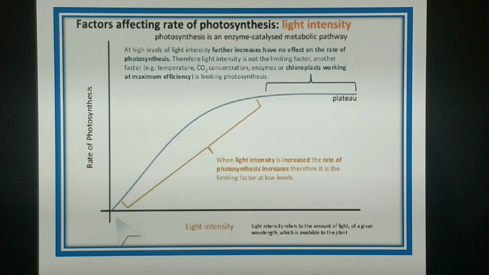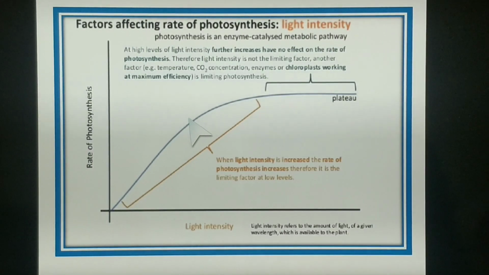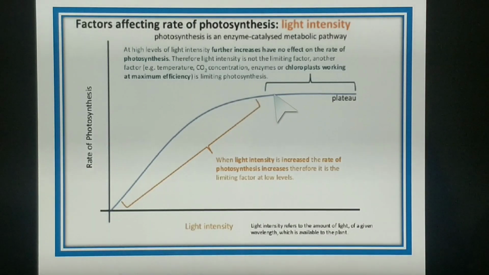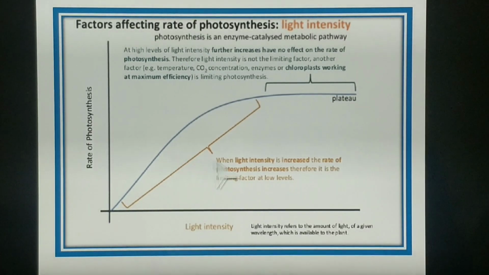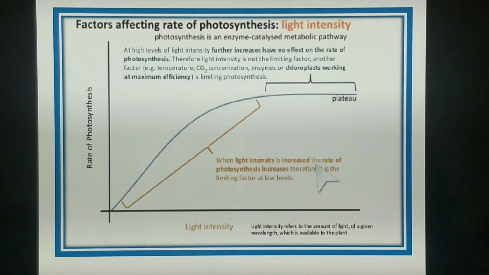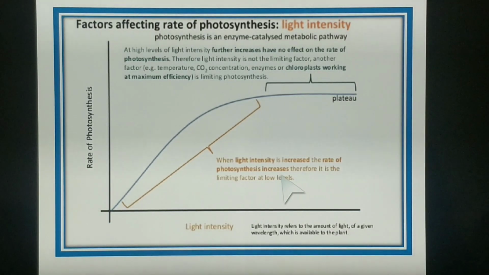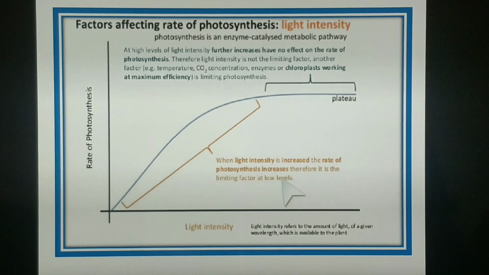Now you can see that the graph is in its increasing tendency, and after some time the graph does not increase. It is stationary or steady. This shows that when light intensity is increased, the rate of photosynthesis also increases. Therefore, it is the limiting factor at low levels.